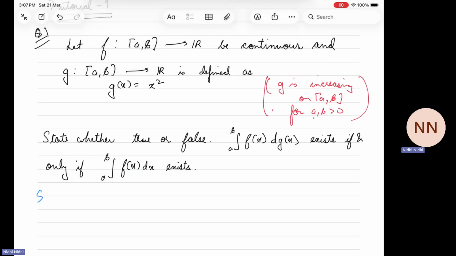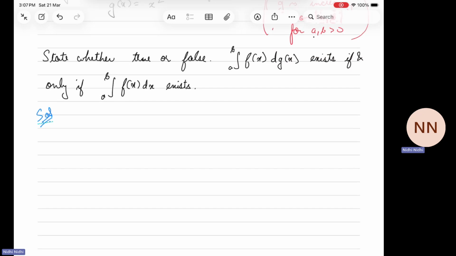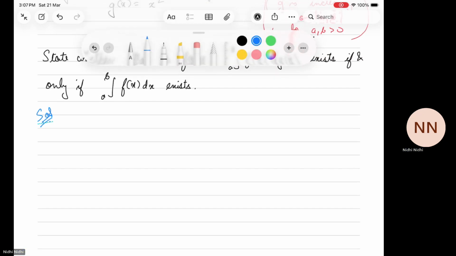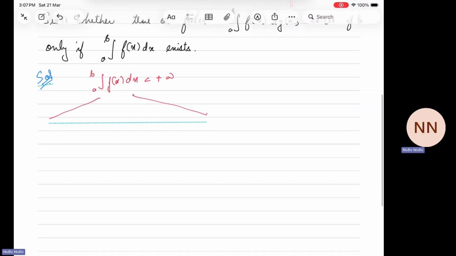So let me just recall the difference between the Riemann and Riemann-Stieltjes integral. We have seen that the integral from a to b of f(x) dx is finite via two approaches, either by U(P,f) and L(P,f) or by the Riemann sum.